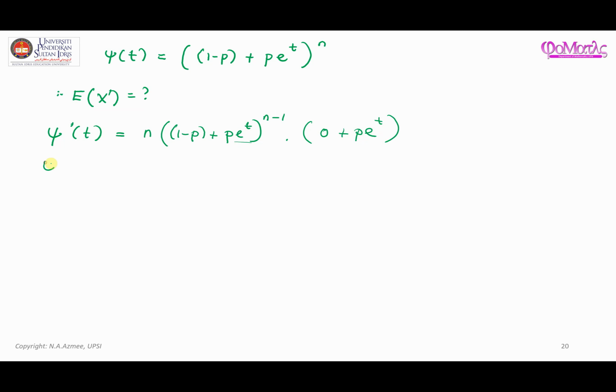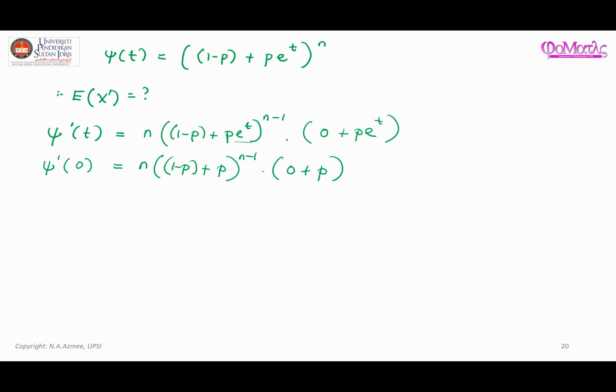Then you have to substitute t with 0. So substituting t with 0, it will be n, and here we have (1 minus p plus p e^0), and e to the power of 0 is equal to 1, to the power of n minus 1. Over here, 0 plus p times e^0, and e to the power of 0 is also equal to 1.